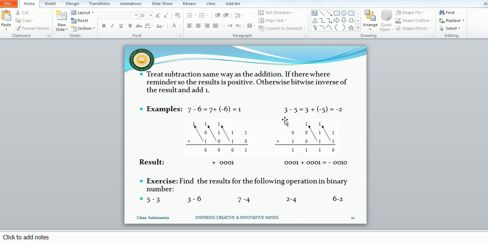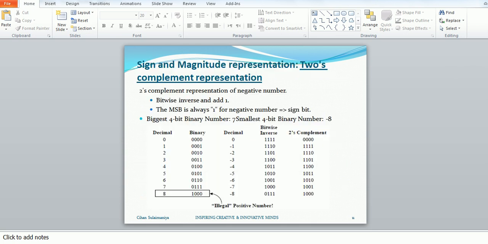Now look here, 3 minus 5. In binary there is no minus, so it should be 3 plus the 2's complement of 5. So 3 is 0, 0, 1, 1. What is the 2's complement of 5? If I slide up, 5 is 0, 1, 0, 1.